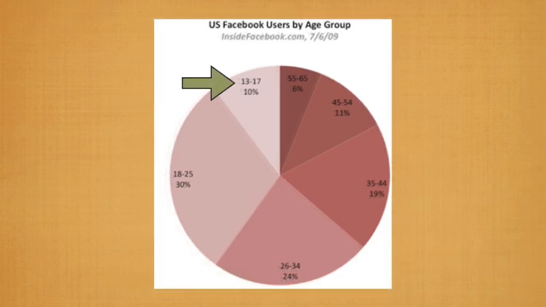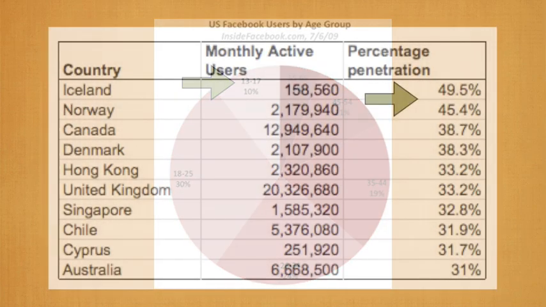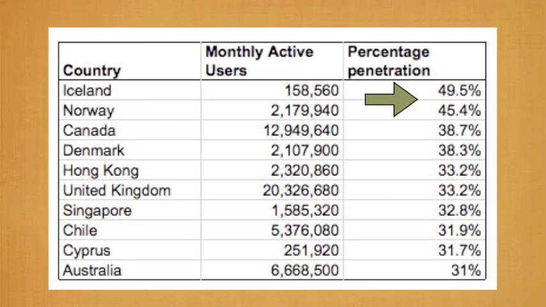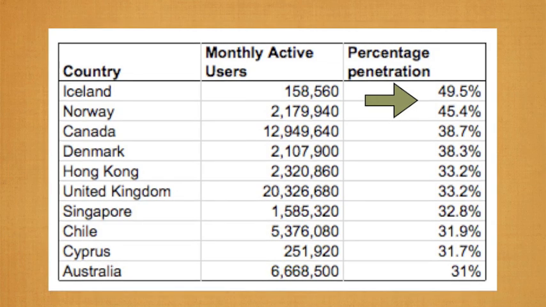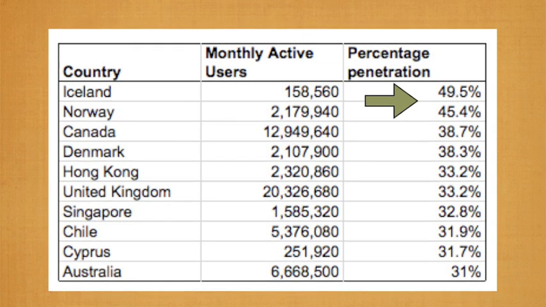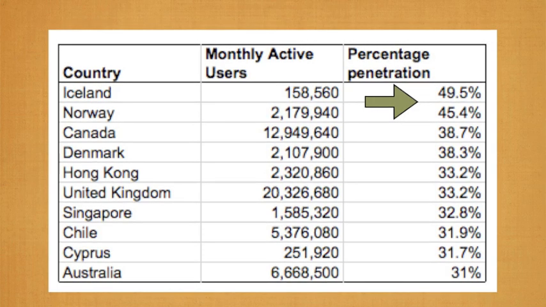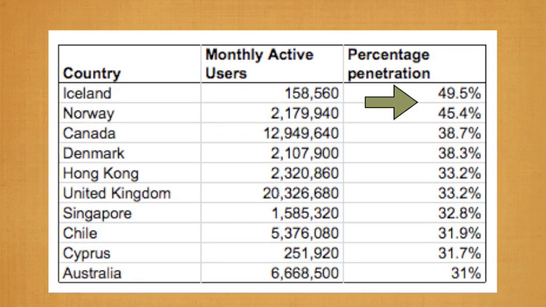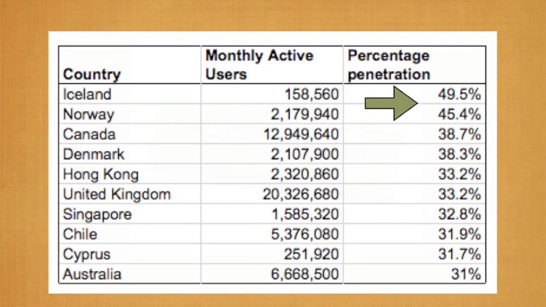Additionally, according to the same website, Facebook is used most widely by people in Iceland, Norway, Canada, and other cold places. 49.5% of Iceland's population is actively using Facebook, followed by 45.4% of Norway's population. Apparently, cold weather, which is a factor that drives people indoors, also drives people onto Facebook.